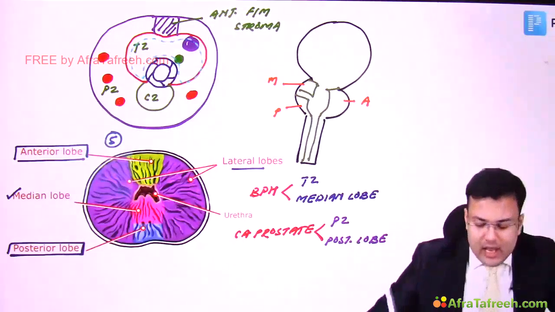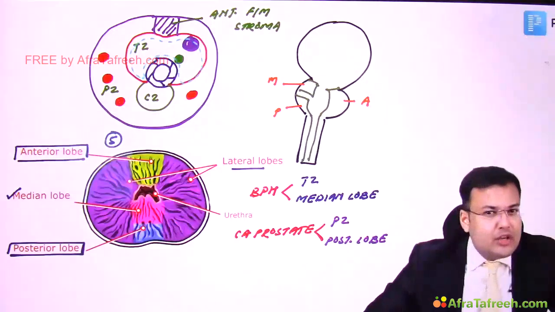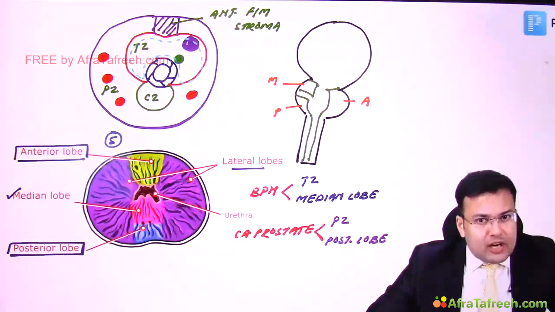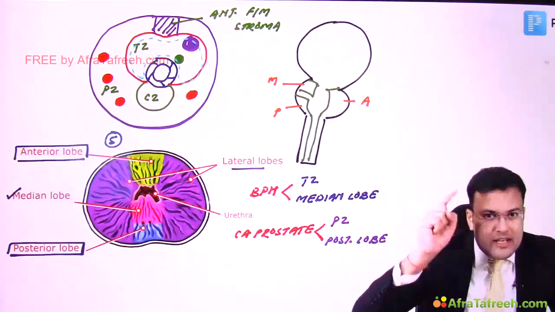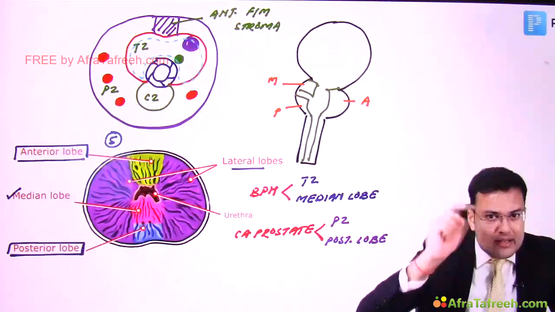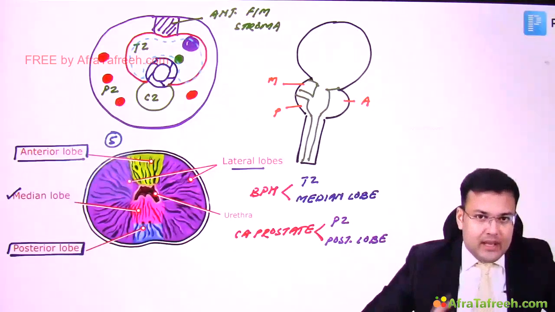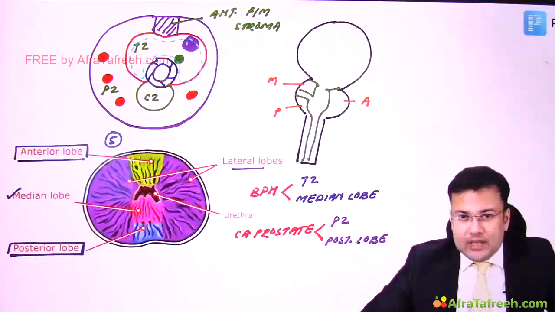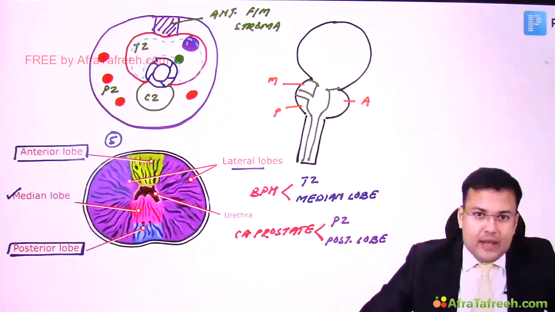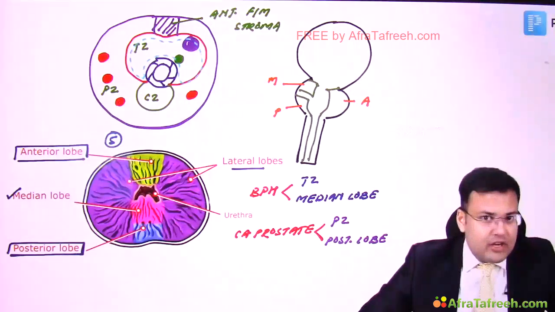You must be knowing how we are going to screen the patients of carcinoma prostate. The screening is performed by DRE, digital rectal examination, plus PSA. So even after TURP, DRE plus PSA should be continued or not? It should be continued. Why? Because TURP is not protective for carcinoma prostate.